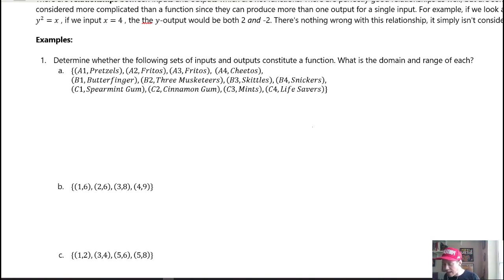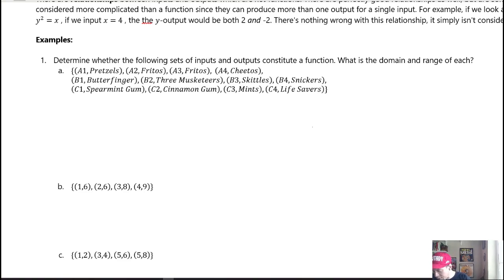So we do see that A2 outputs Fritos and then A3 also outputs Fritos, but let's note that A2 only outputs Fritos and A3 only outputs Fritos. So for the input of A2, we only get Fritos out. For the input of A3, we only get Fritos out. So each of those inputs only outputs one thing.